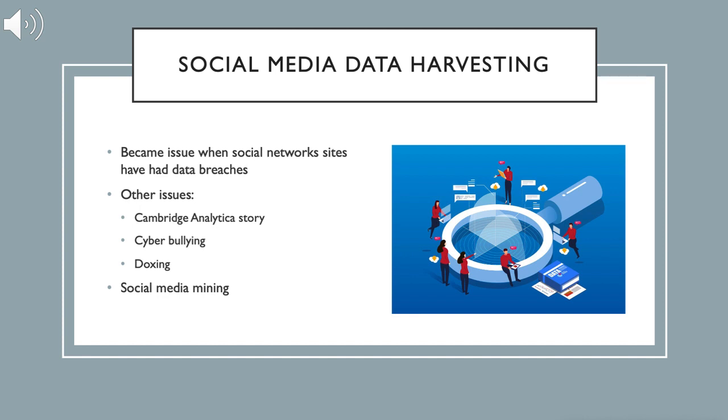Social media mining is a process of obtaining big data from user-generated content on social media sites and mobile apps in order to extract patterns and conclusions about users and act upon the information for the purposes of advertising to users or conducting research.